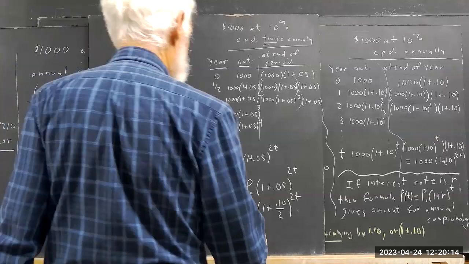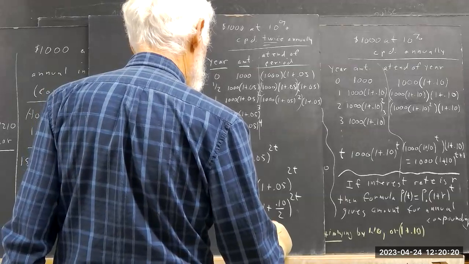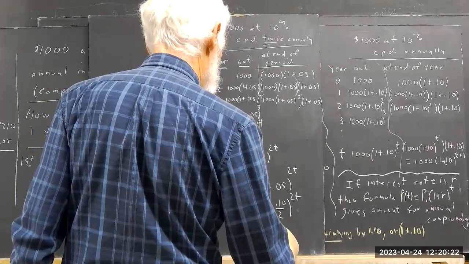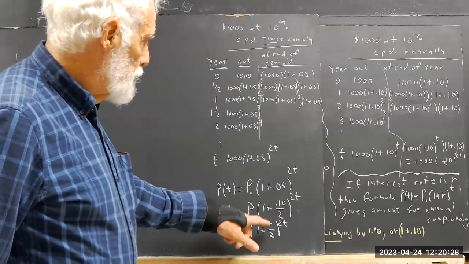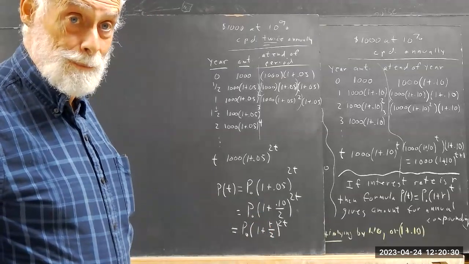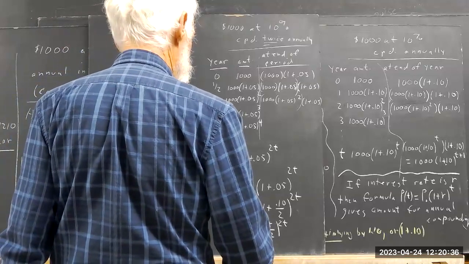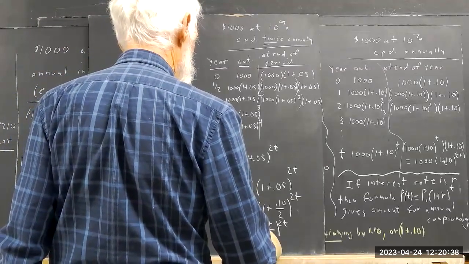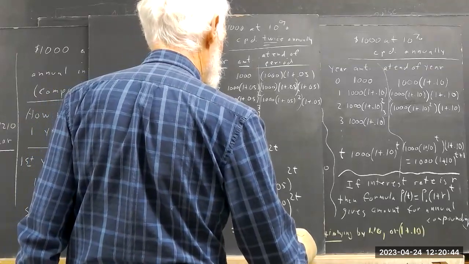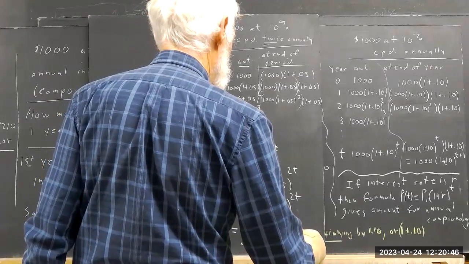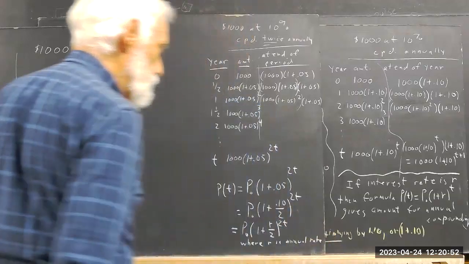So we're going to say that this is 1 plus R over 2 to the 2T, where R is our annual rate.